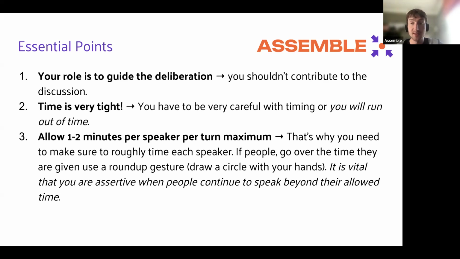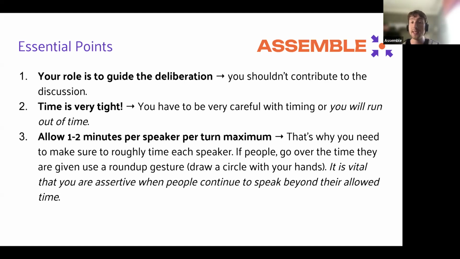It's really important to do this, because if one person speaks for 5 minutes, that means everyone else in the group has much less time to speak. So the idea is we want everyone to be heard equally.